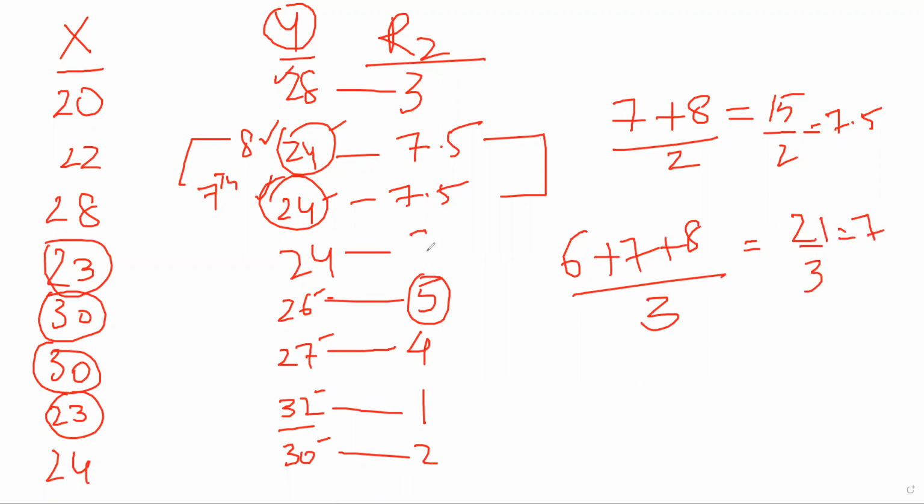Meaning I will rank all of these 7. Depending on the value that you are getting, you will take the average of the positions that a repeated value occupies and assign that as the rank. In this scenario, the 6th, 7th and 8th variables are all 24. That is why I did 6 plus 7 plus 8 divided by 3.